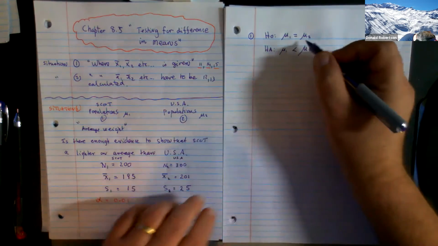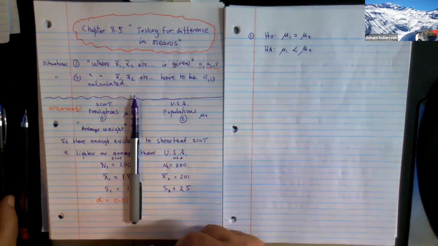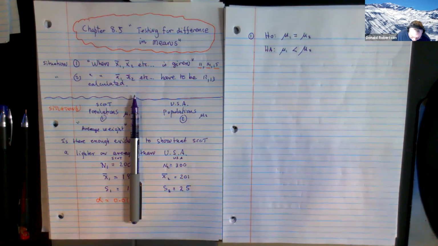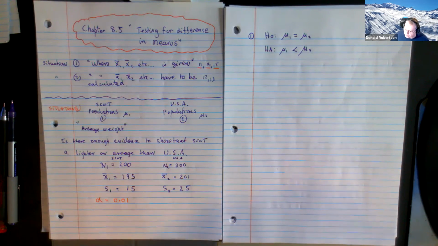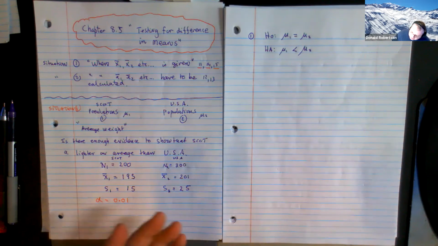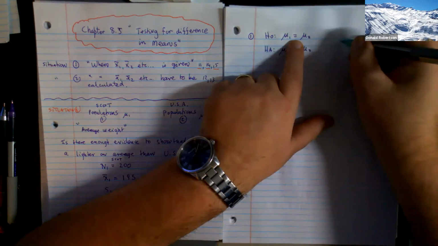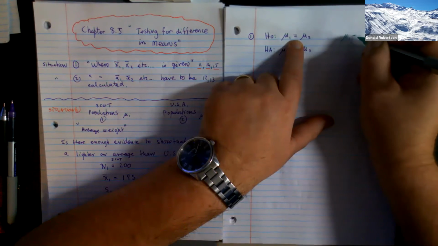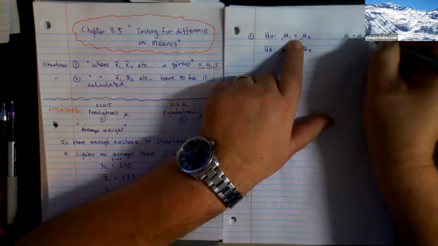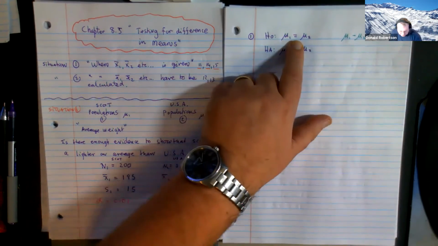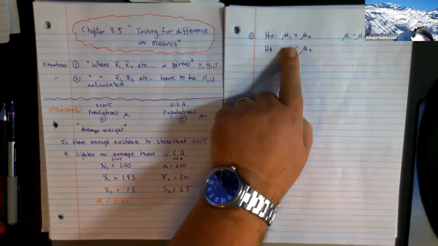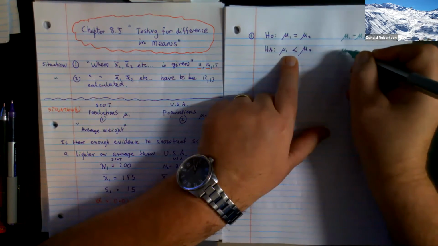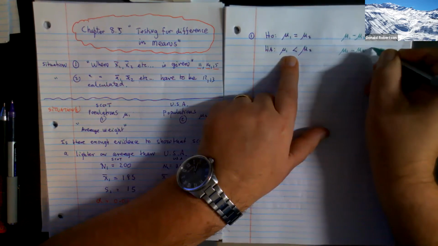Now, this can be written in a second format, and the reason we need to see the second way to write that is just because the software that's going to do all the work writes it down slightly differently. Equivalent to that is to say that the difference is 0. Would you agree? µ1 minus µ2 is equal to 0. It's the same thing as saying these are equal. And this one is equivalent to that.